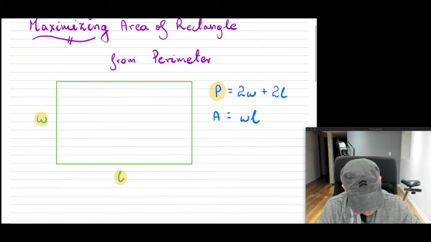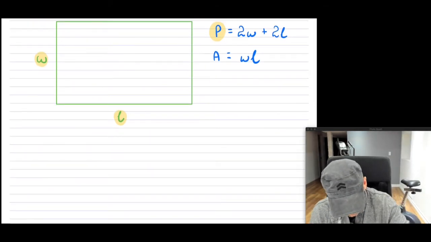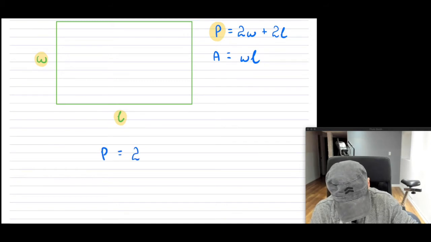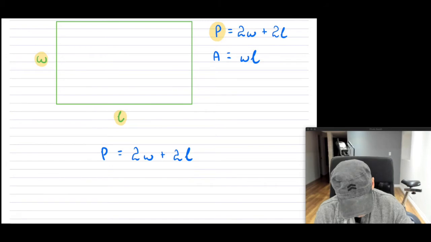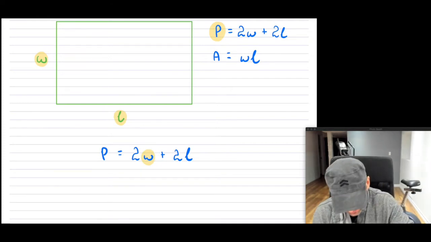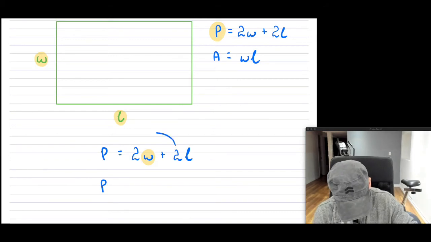So I don't think that anybody would argue that we can isolate. So let's say P is 2W plus 2L. I'm just going to pick arbitrarily. So let's say that I wanted to isolate for W. All right? So that's going to give me P, I'm going to bring this over to the other side.